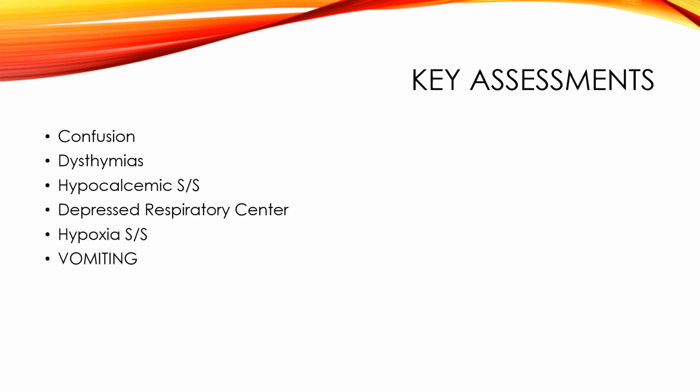Some of the signs and symptoms of hypoxia are going to include cyanosis, especially around the mouth and our oral mucous membranes. So we need to be monitoring for those. And then the last one that we're going to hone in on is that vomiting or even gastric suctioning, and I'm going to repeat this 100 times.